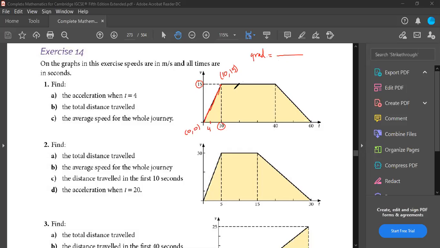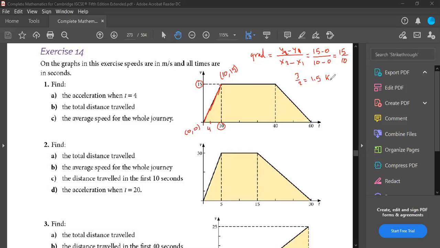What is the rule of the gradient? y2 minus y1, or y1 minus y2, whichever you like, but if you start with y1 minus y2, the bottom must be x1 minus x2. Okay, so x2 minus x1. Continue. It's 15 minus 0 over 10 minus 0, which is 15 over 10. 15 divided by 10 is 1.5.